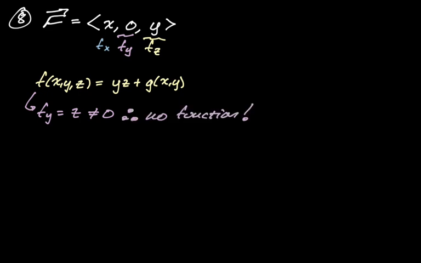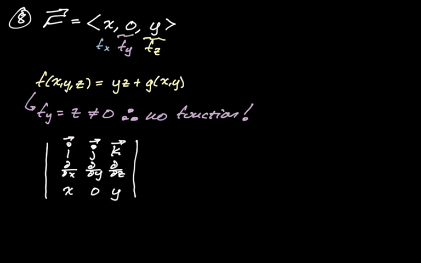So I'm going to use the tried and true method of showing there's no potential function. I'm going to calculate the curl, which is this determinant. So it's i, j, k, partial x, partial y, partial z, and then f, our vector field, so x, 0, y. So I'm just going to calculate it, right? It's i, and then you do partial y of y minus partial z of 0.